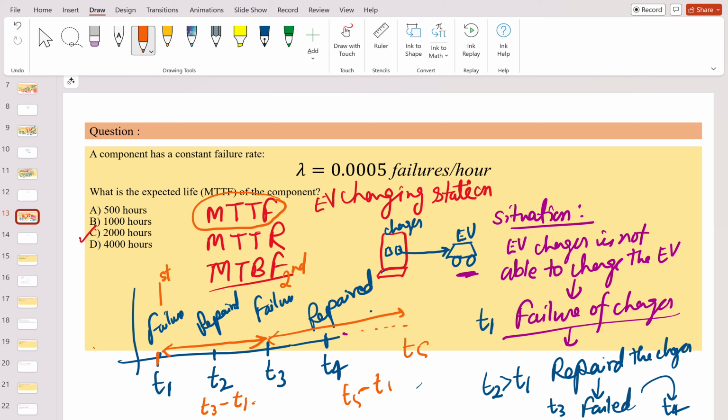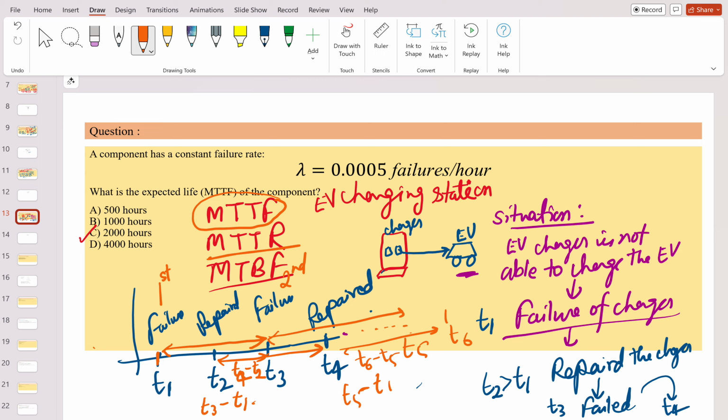Okay. The mean time to repair, when you see, is the time frame between t2 and t3, so t3 minus t2. And again, t5 failure came, and at t6 it got repaired. So when you take the difference of repair timing, when the repairing started and the second repair, this will be till t4, so this will be t4 minus t2.